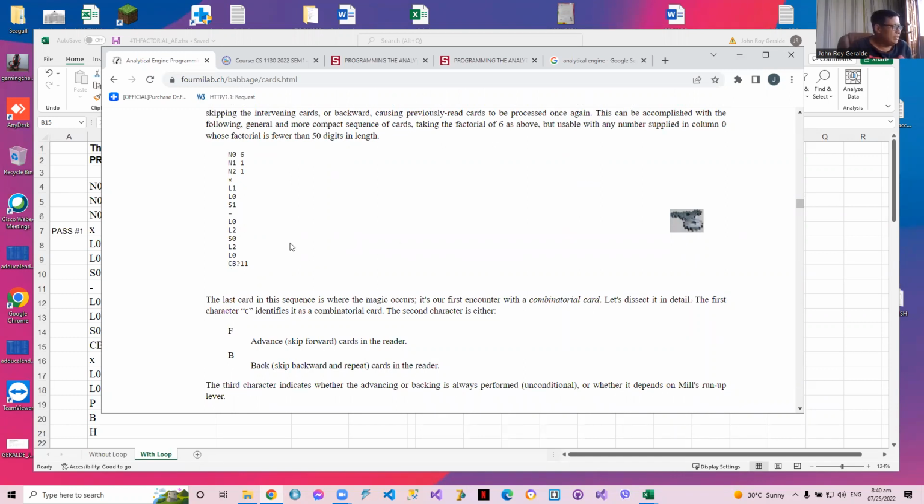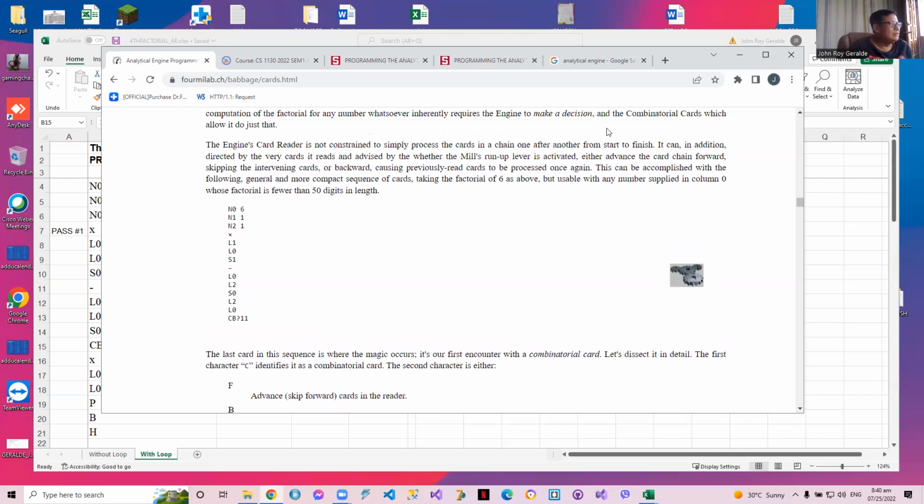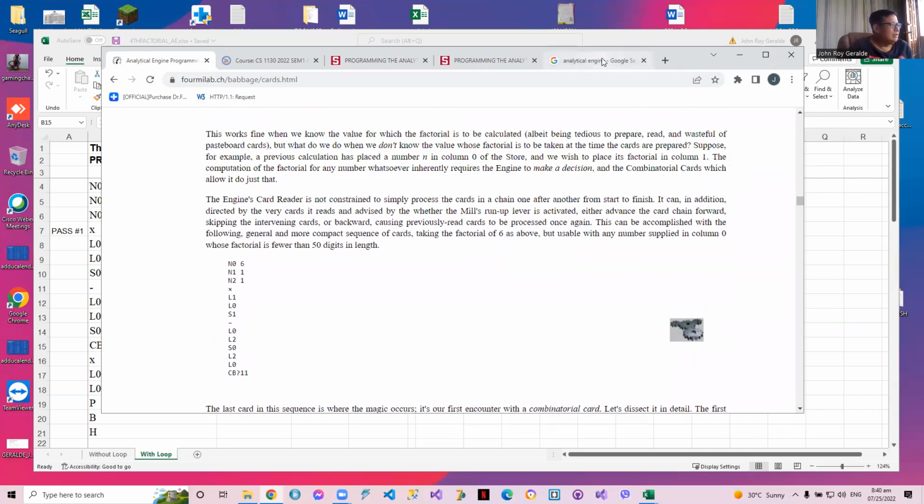Count backwards 11. Advance, skip forwards, no? CF means count forward or skip forward. Okay. It is a combinational card, no? How will it count forward? Once the value is set or not, no? Okay. The value of the run-up lever.